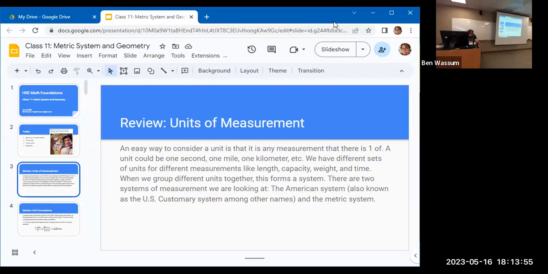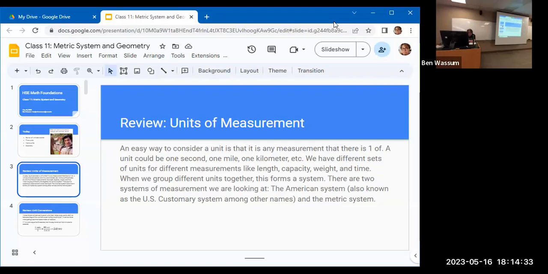So a unit is an inch, a foot, a cup, a gallon, a meter, etc. We have different sets of units for measurements like length, volume, mass, capacity, and obviously we measure time in minutes, seconds, hours, days, etc. When you group different units together, that's called a system.